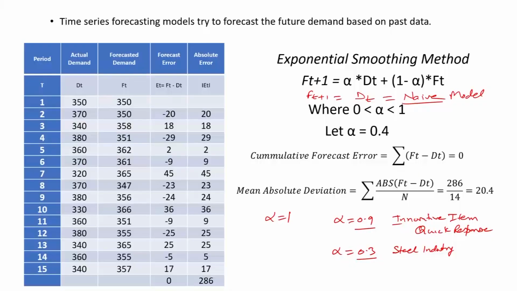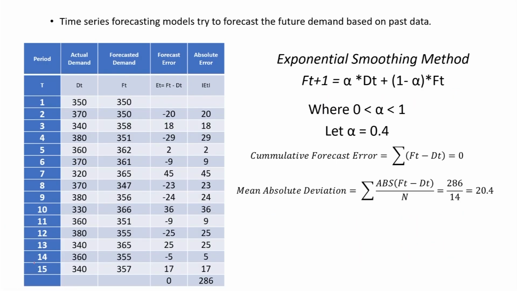Okay. Another way, mathematically, is to do a simulation for different values of alpha. I can develop the cumulative forecast error and make a table like this, with cumulative forecast error and mean absolute deviation for different values of alpha.